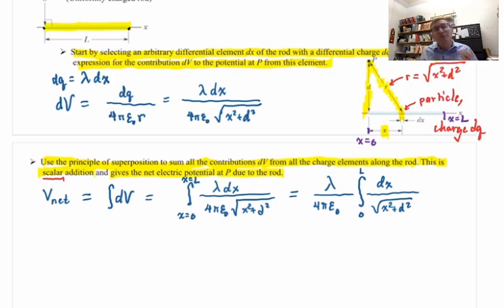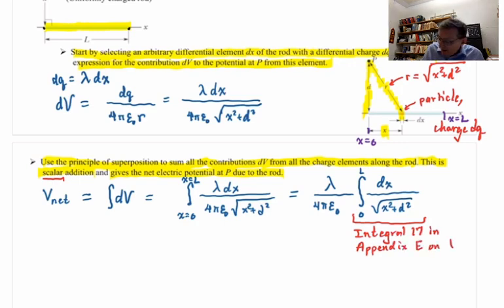Now we're faced with an integral we have to do. And many of you are still learning techniques of integration. So I'm not going to belabor how you do it, okay? What I am going to point out is that you could look up this integral. It's integral 17 in Appendix E on Wiley Plus in the math appendix, okay?